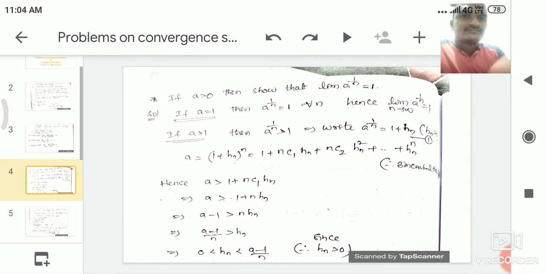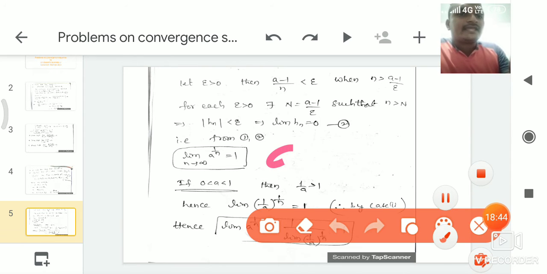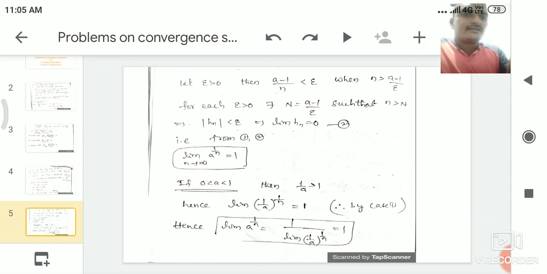What is the second case? Whenever a is greater than 1, the limit as n tends to infinity of a^(1/n) is equal to 1. So this case is true for a greater than 1. In a similar way, whenever 1/a is greater than 1, this is also true. So the limit of (1/a)^(1/n) is also 1 by case 2.